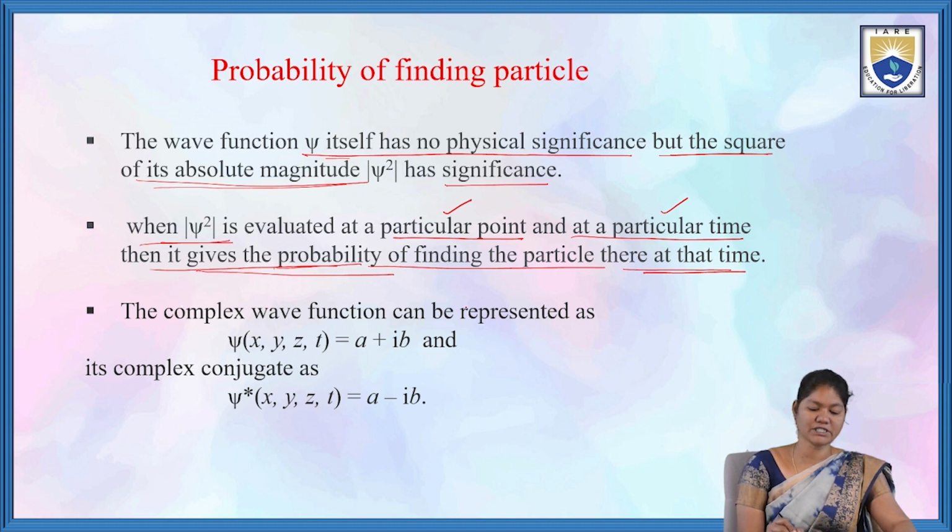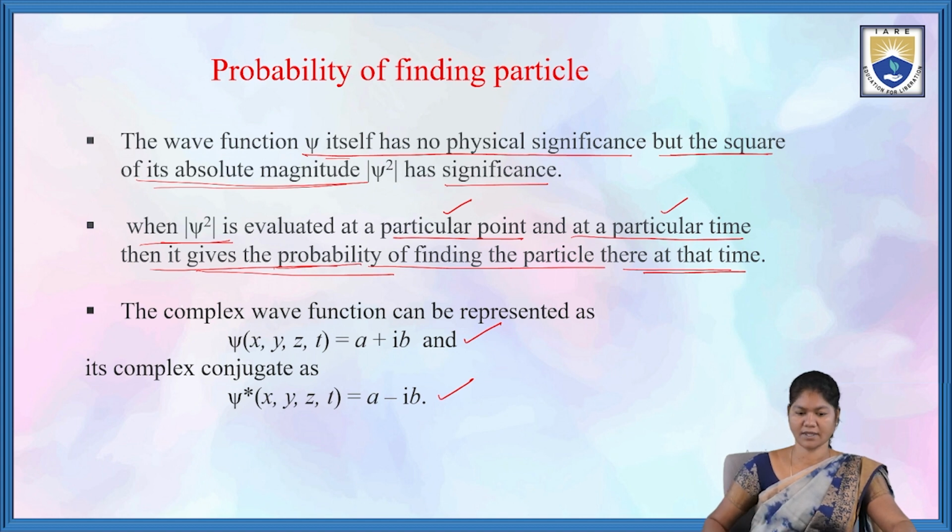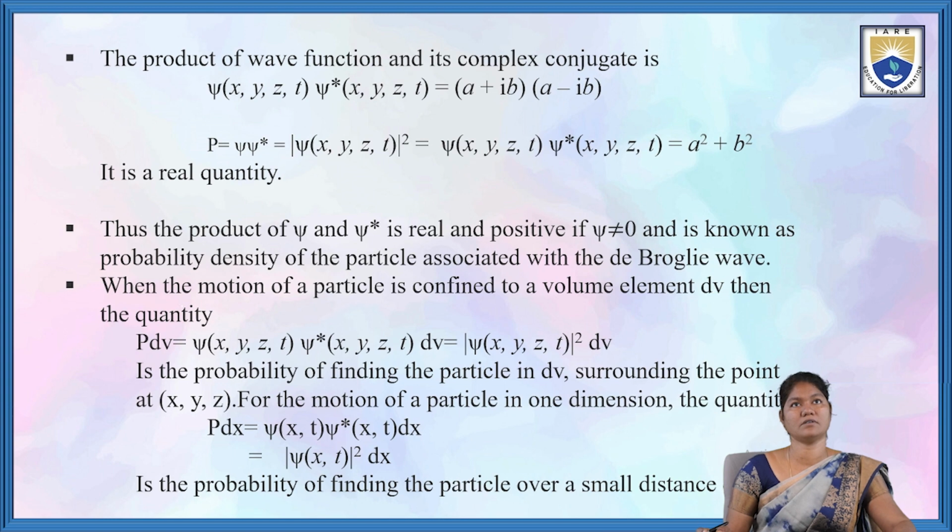The complex wave function can be represented as psi of x, y, z, t equals a plus ib, and the complex conjugate is psi star of x, y, z, t equals a minus ib. Here we are taking the product of both wave functions.